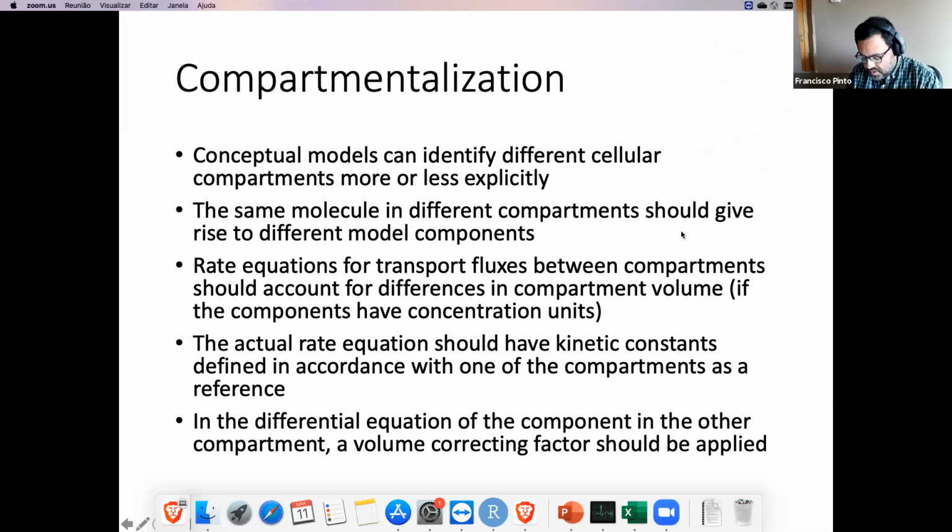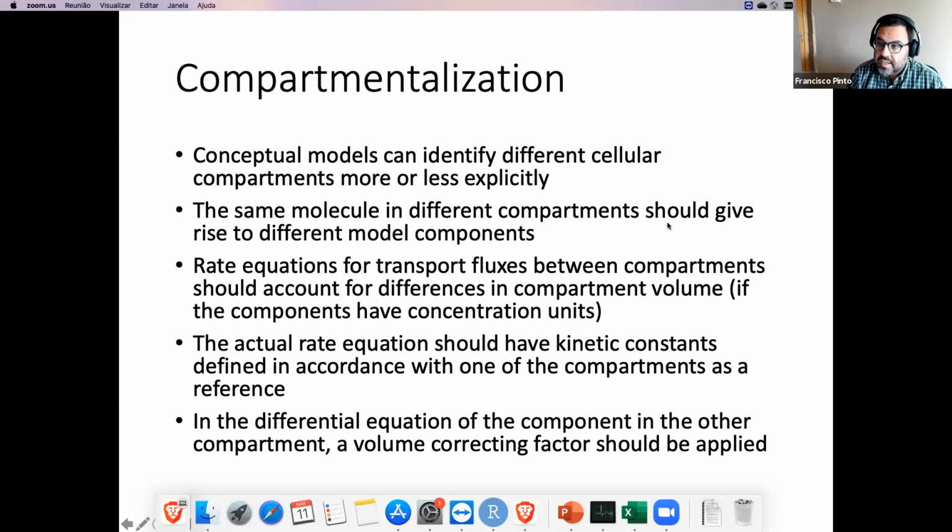The other thing that you must be aware of when you are trying to build a new model is whether your model is a single compartment model or if it involves multiple compartments. This is especially important when you are modeling processes that occur in eukaryotic cells because they are highly compartmentalized. So you have different organelles in the cell, and the same molecule can exist in different organelles, and it must be transported across these organelles.